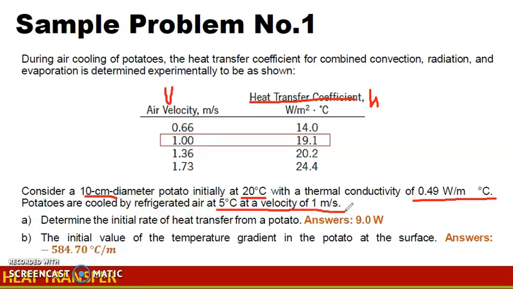So we want to cool the potatoes through refrigerated air that is moving at a velocity of 1 meter per second at 5 degrees Celsius. So the questions are to determine the initial rate of heat transfer and then the initial value of the temperature gradient in the potato at the surface.